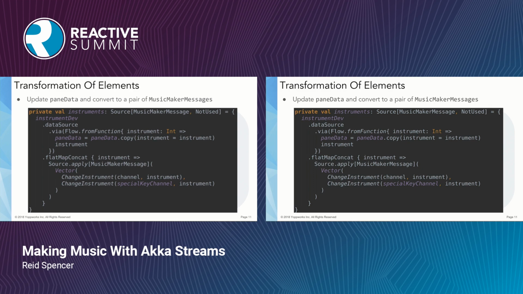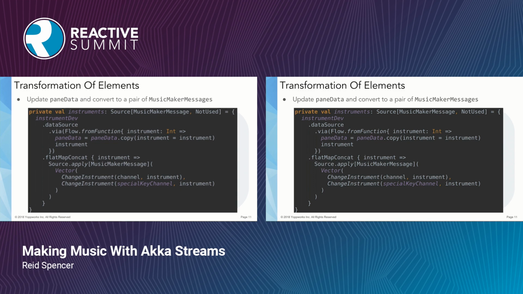So what that does is, it's taking the instrument value in, which is an integer, and it's saying, apply this vector, which contains two things, a change instrument of going to two different channels. So the first argument there is the channel to go to, and the second argument is the instrument.